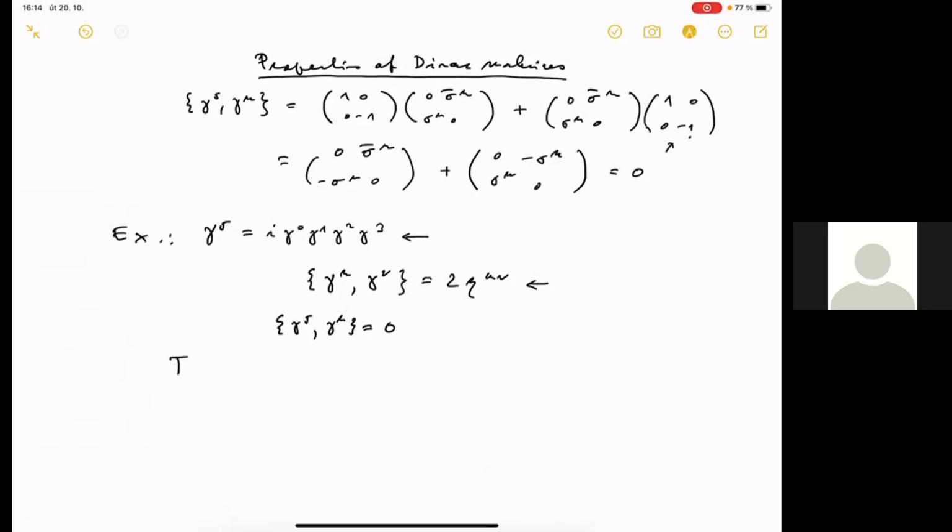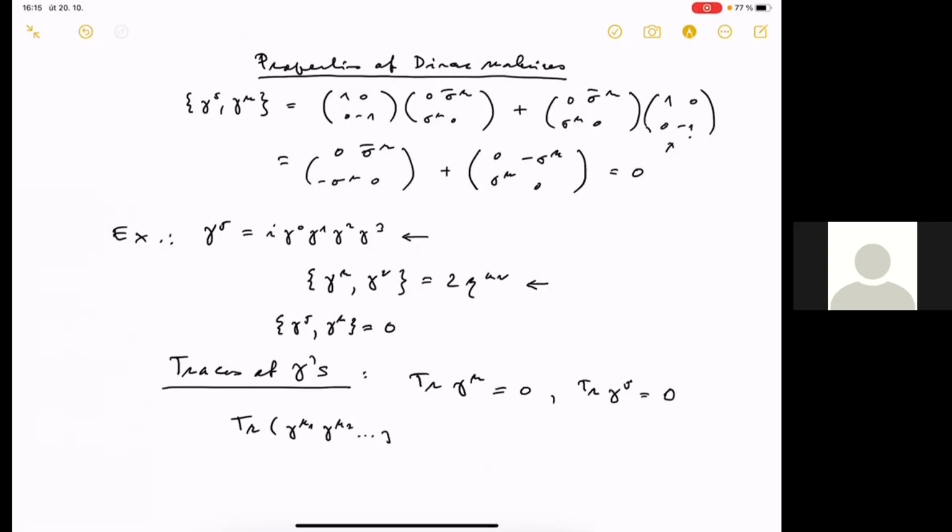What about traces of gamma matrices? According to our definition, we see that the trace of any gamma mu is 0. Again, the trace of gamma 5 in our concrete realization is 0. But this is not the whole story, since we can also show that the trace of an arbitrary odd chain of gamma matrices is again 0.